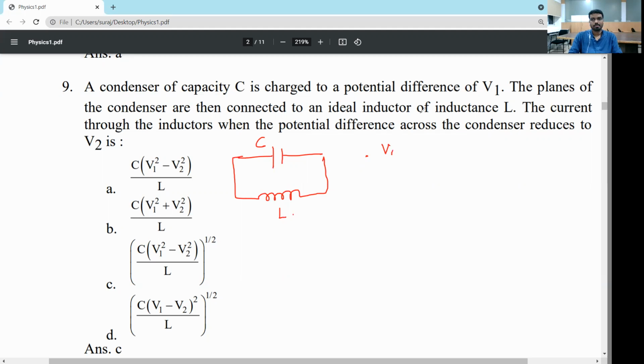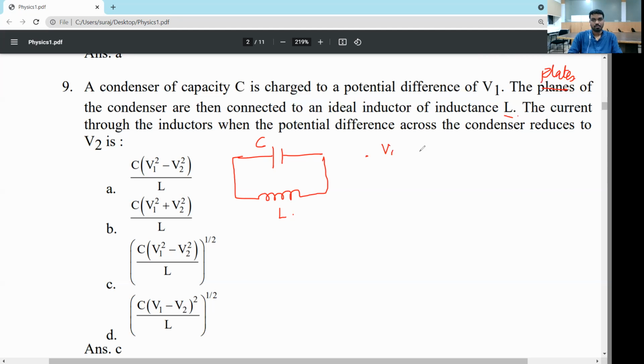The plates of the condenser, planes means nothing but the plates, are then connected to an ideal inductor of inductance L. The current through the inductor when the potential difference across the condenser reduces to V2.